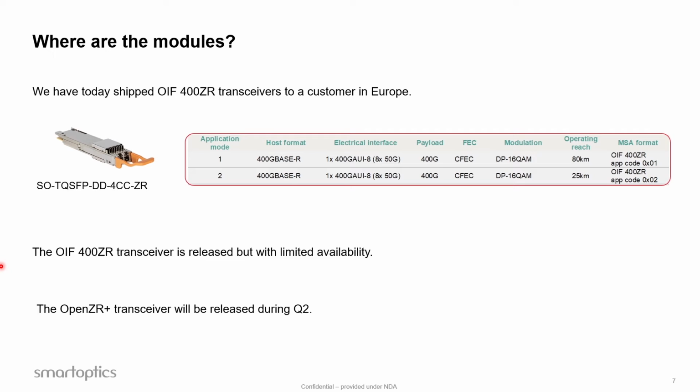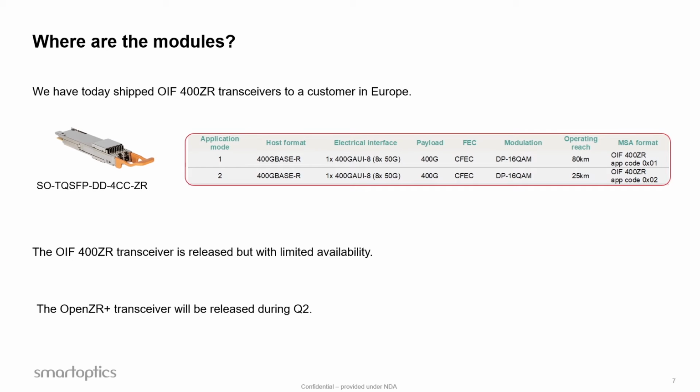There are still a little bit longer lead times than for other optics, because those are new and just coming out with limited availability when it comes to production capability at this point. But as a technology, the products themselves are GA.